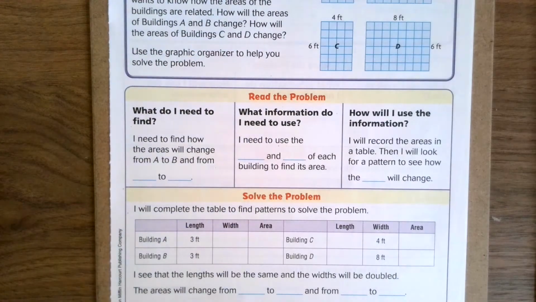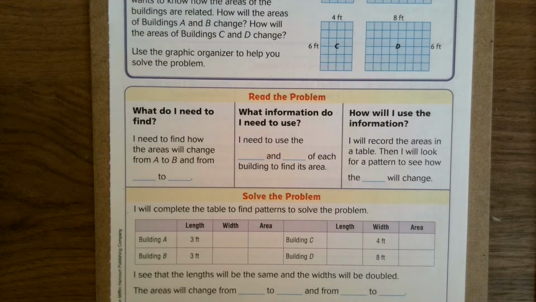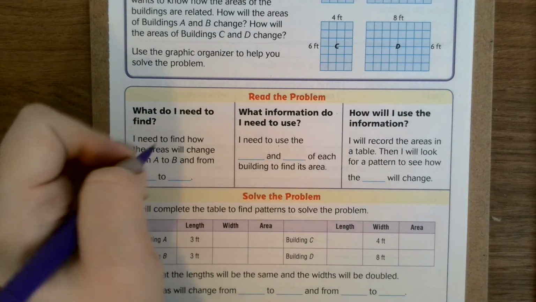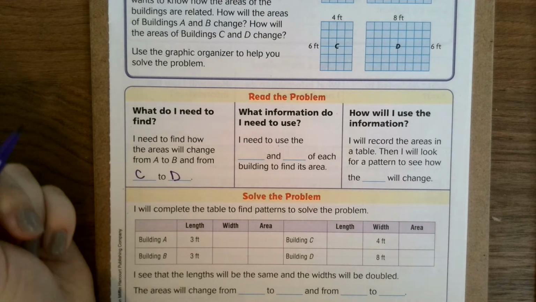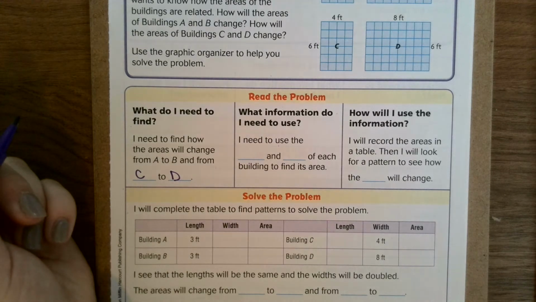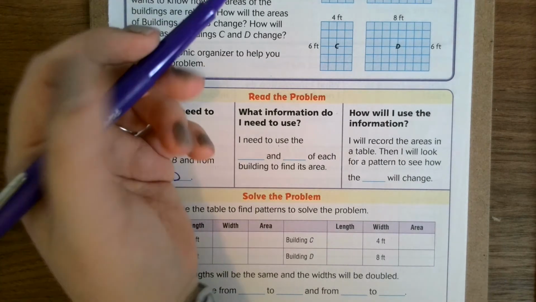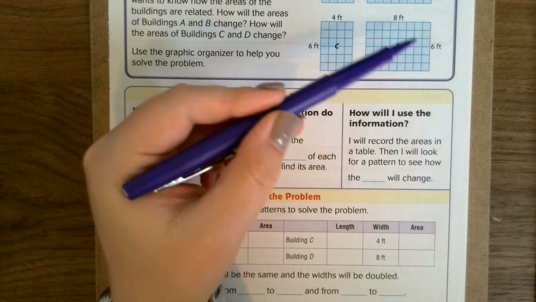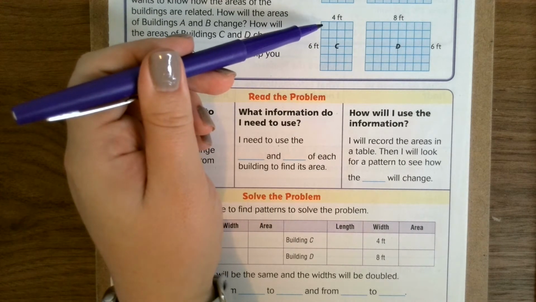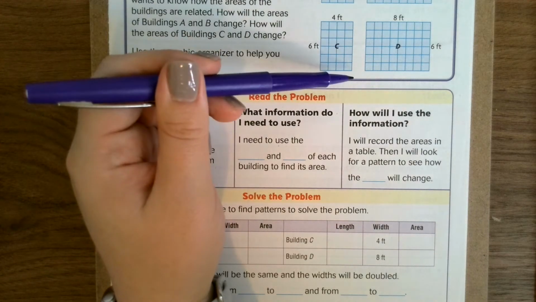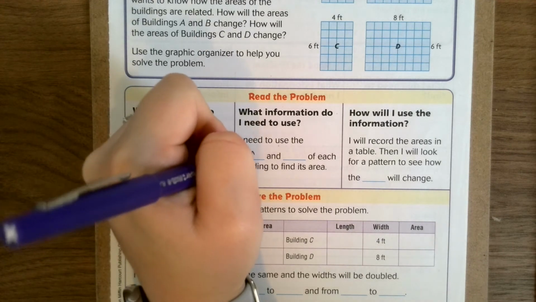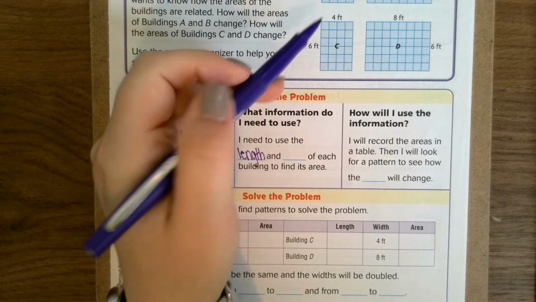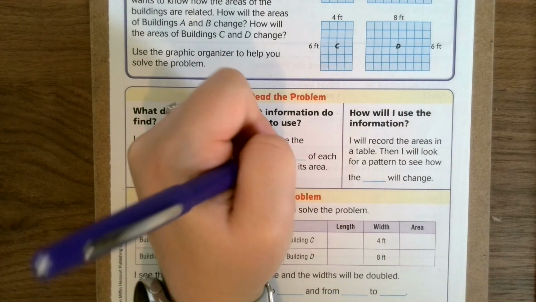Reading the problem. What do I need to find? I need to find how the areas change from A and B and from C and D. So when we're talking about a rectangle, when you look at the examples up here, you use what they give you, left and right sides, and what they give you for width.